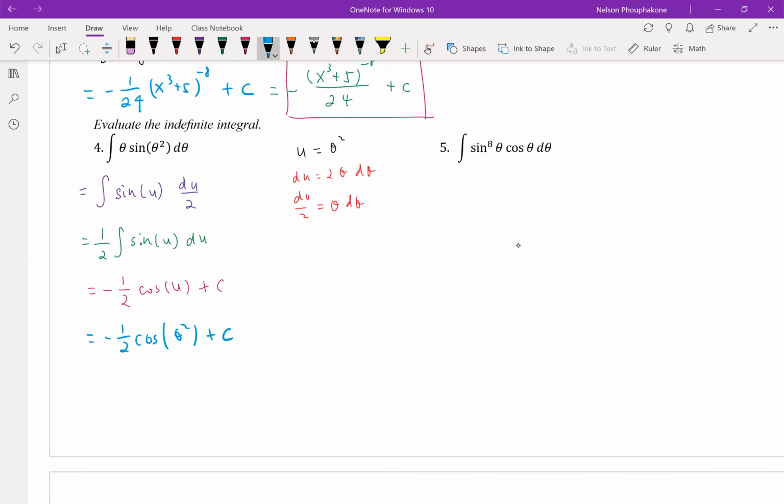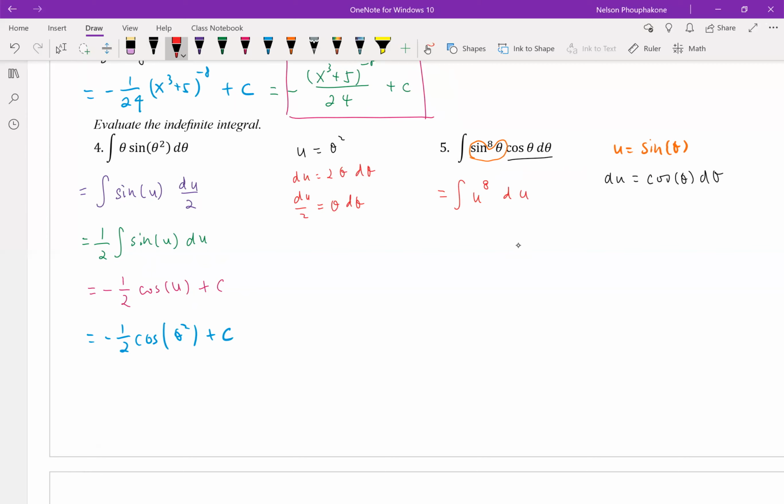And now the next problem. Which one should I let u equal to? Now you will see that to this one right here, basically the inner function will be the sine of theta, isn't it? So in this case, of course, I will let u equal to sine of theta. Then du is cosine of theta d theta. Then you will see that this is exactly what we want. And now I will have u to the power of 8 du.